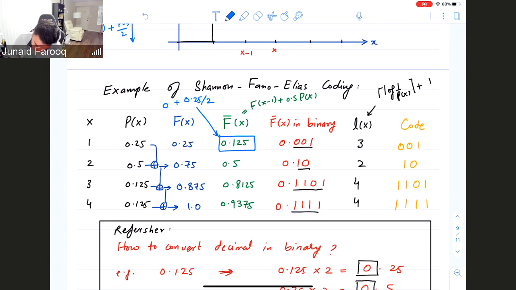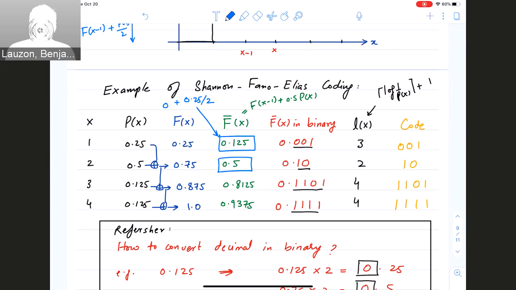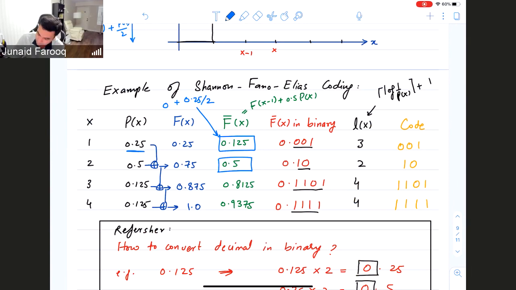So the previous cumulant is 0. Okay, so this one here, this is 0.25 plus 0.5 over 2. Okay, got it. Easy enough. So we are taking this number, halving it, and adding it to the previous one. Yeah, it makes sense.